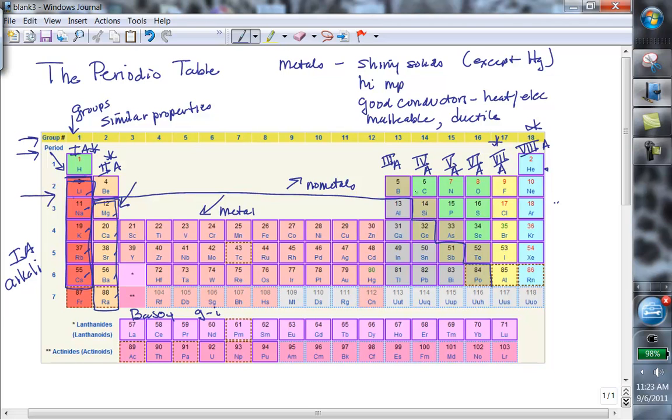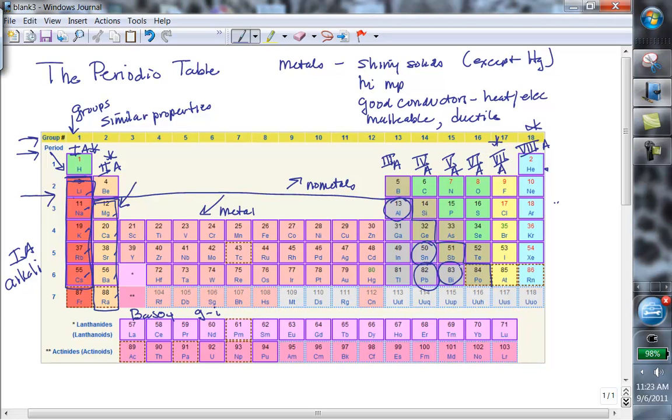Jumping over to group 3, aluminum is the most important element in that group to learn. Gallium actually has such a low melting point, it melts in your hand. And in group 4, tin and lead, notice their symbols are not similar to their names.